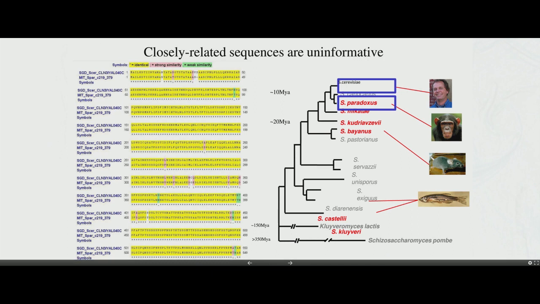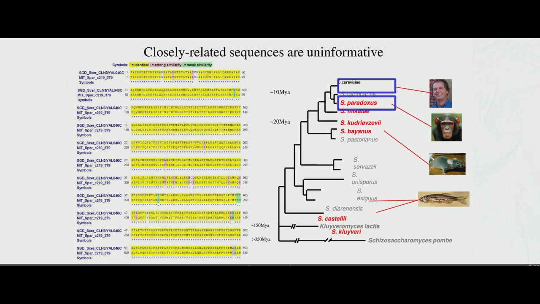And just to show you how different Cerevisiae is from Paradoxus, it's about the same difference as from a human to a monkey. And you can see that these various species of yeast have diverged over hundreds of millions of years. And so they are as different from each other as we are from, say, fish. So a huge diversity here and many millions of years of evolution.